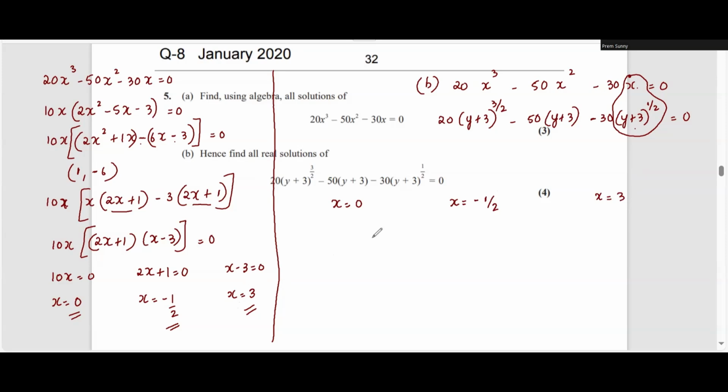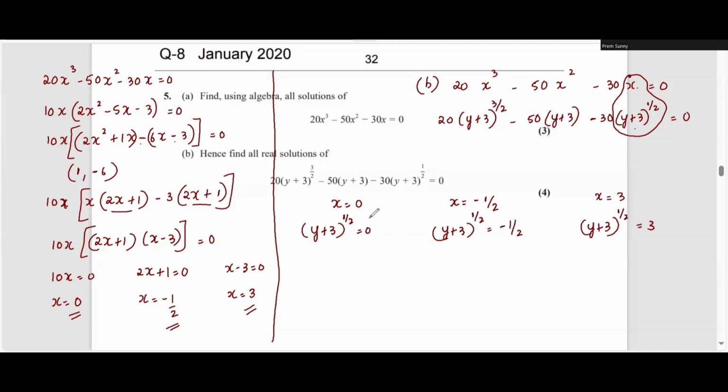So from the first part, what we have to do is replace x in the second equation by y plus 3 to the power of 1 by 2. Wherever I have x, I'll replace it with y plus 3 to the power of 1 by 2. So y plus 3 to the power of 1 by 2 equals 0, y plus 3 to the power of 1 by 2 equals minus half, and y plus 3 to the power of 1 by 2 equals 3.